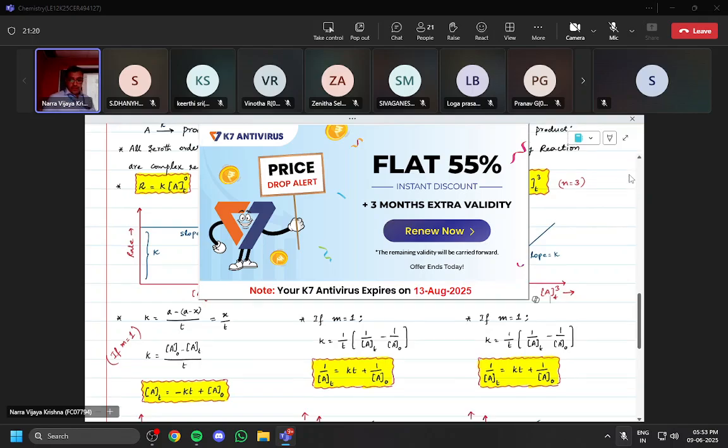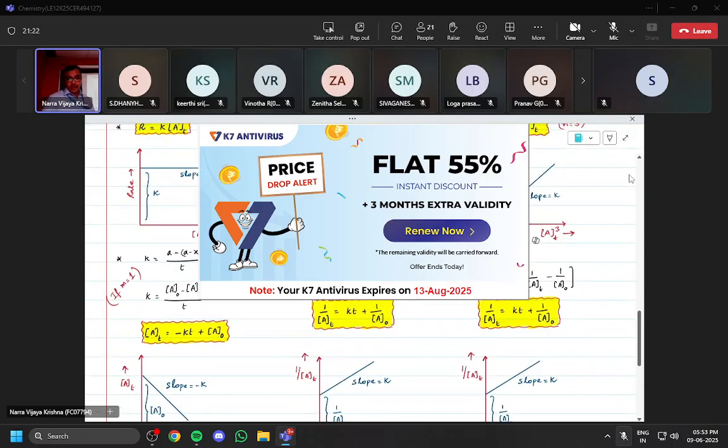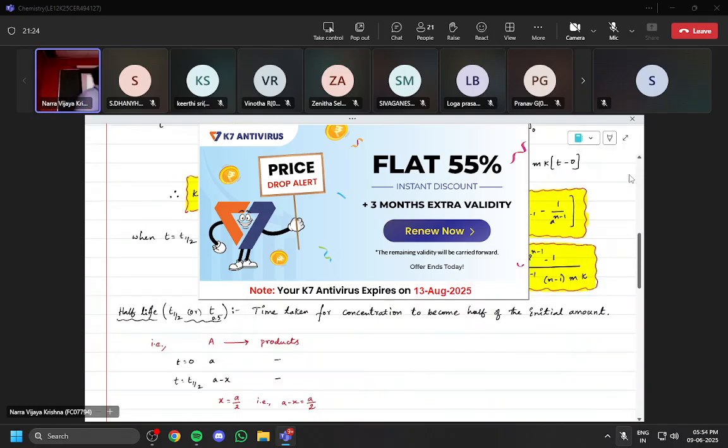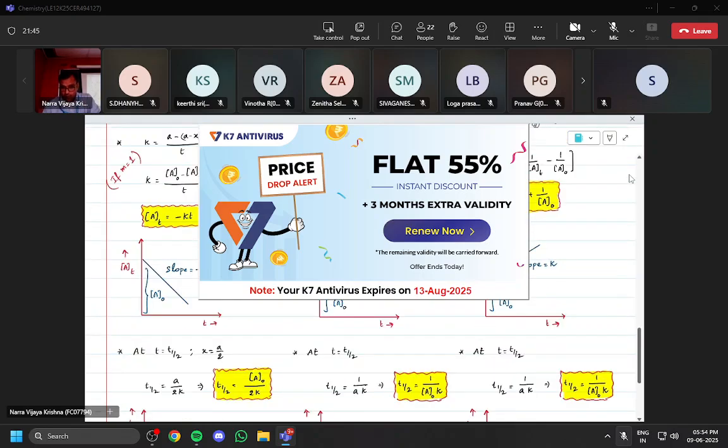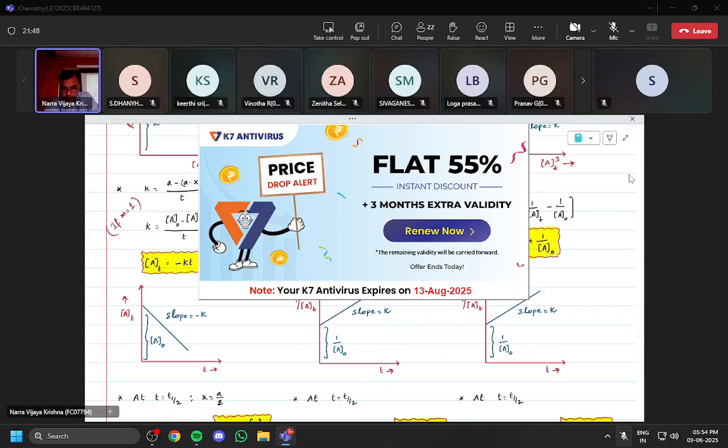Now, if I substitute n equal to 3 in this equation, what will you get? 3 minus 1, 2. M value is 1, I am taking. So 2t. (a minus x) power 3 minus 1 means (a minus x) square, minus 1 upon a square. So K equal to 1 by 2t, 1 upon (a minus x) square minus 1 upon a naught square.